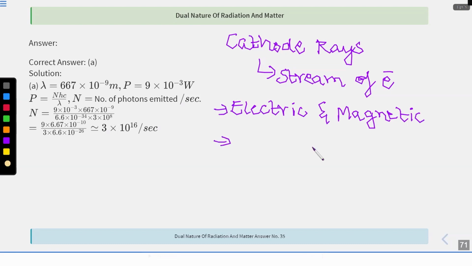Thin gold or aluminium foils are easily penetrated by cathode rays without the necessity of puncturing. And there's also this: when they strike an object with high atomic weight, they can generate X rays, right? This is one of the use cases of cathode rays.